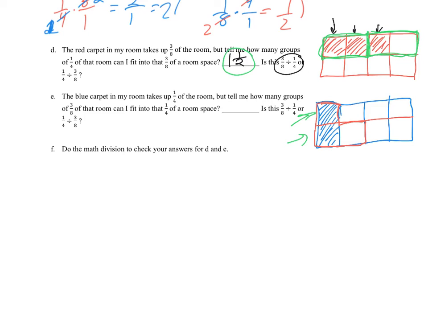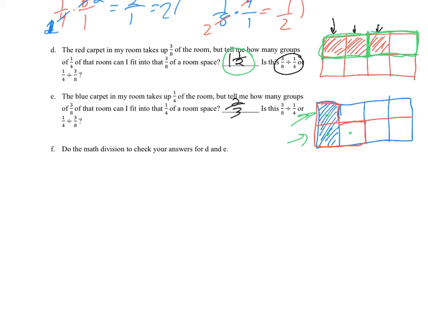How many groups of 3 can I fit in the 2? Well, I can't fit in a whole thing. Those are 3 squares, so it's less than that. In fact, it's only 2 out of the 3 squares. So it's 2/3 of the 3/8 that is being filled in. So the answer here is actually going to be 2/3.